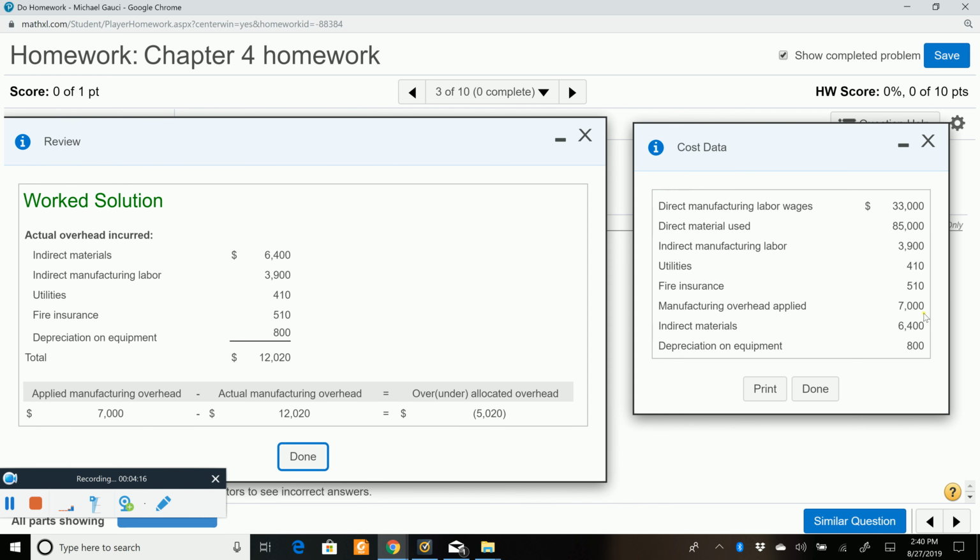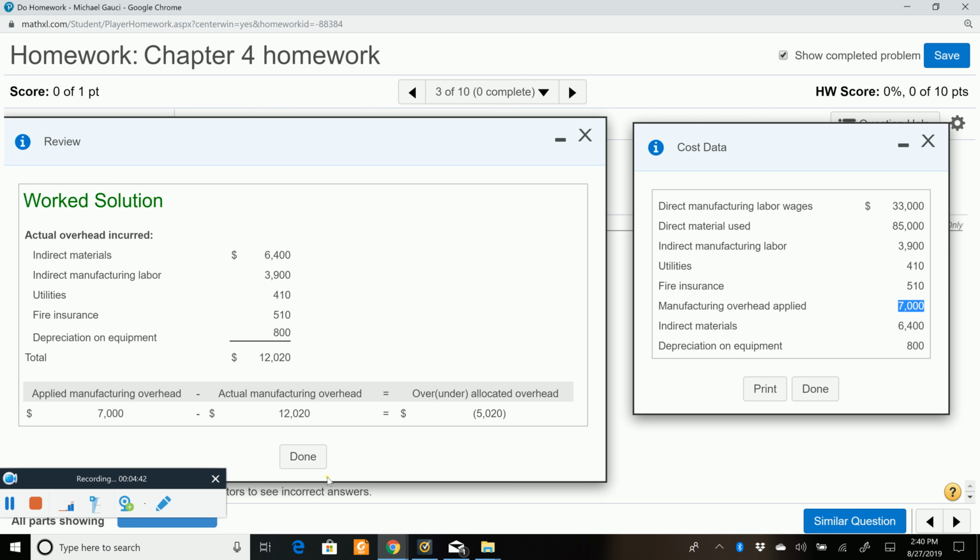But how much did we actually apply to the work in process inventory? And I'm highlighting it over here on the right. We actually applied only $7,000. So if the actual was $12,020, but we only applied $7,000 to the actual WIP, we under applied $5,020.